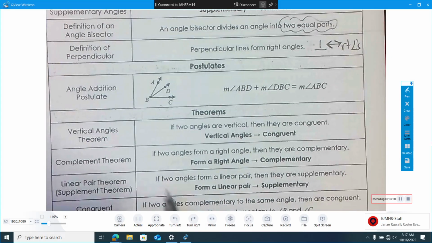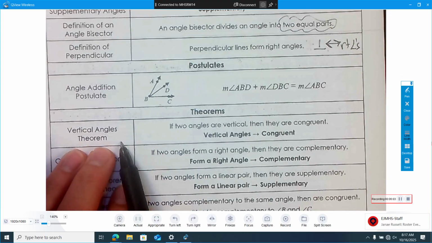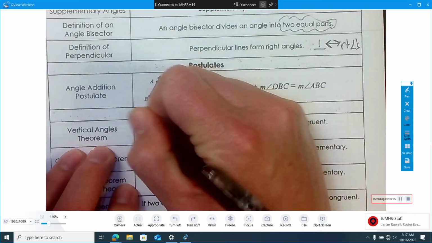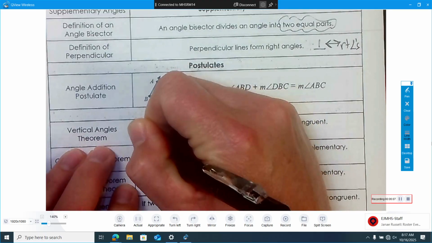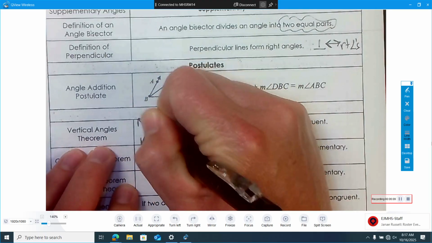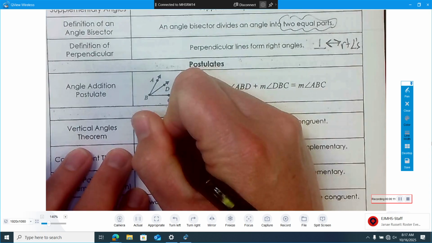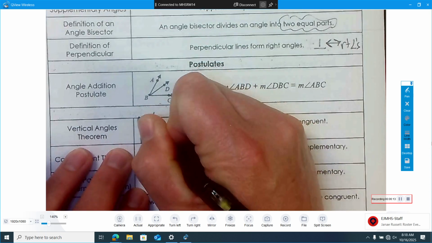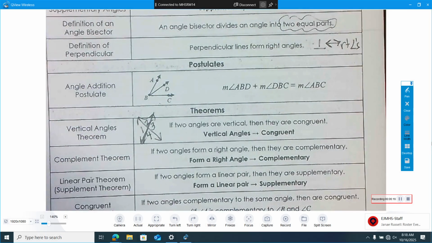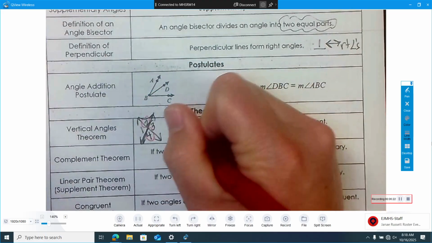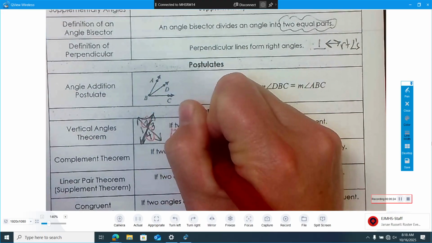It's really, really good. Vertical angles. We have two intersecting lines and numbered angles, let's say 1, 2, 3, and 4. What angles are vertical angles? 2 and 4. Angle 2 is congruent to angle 4.